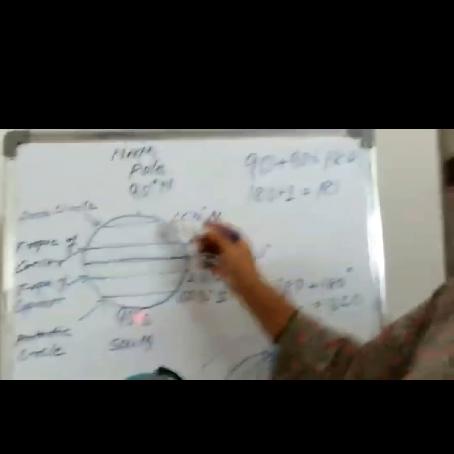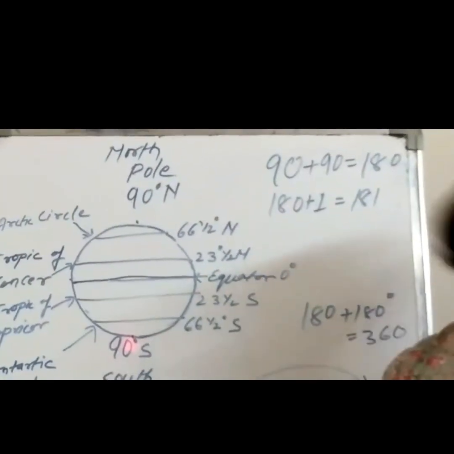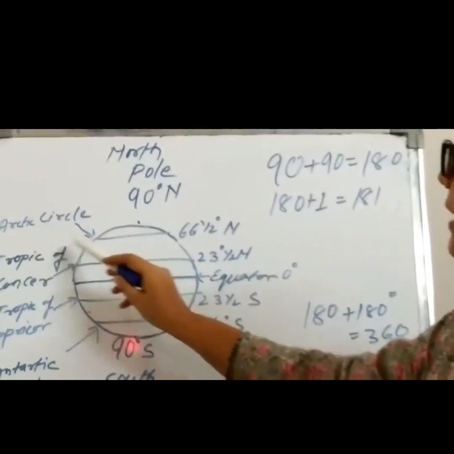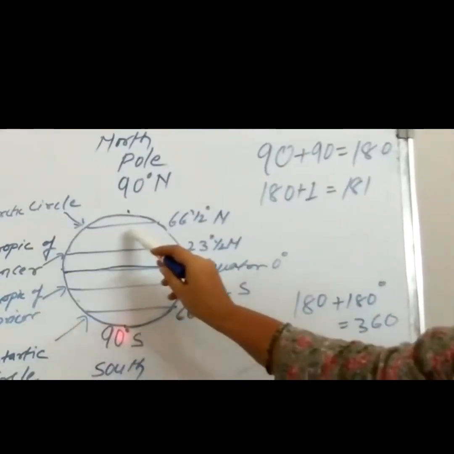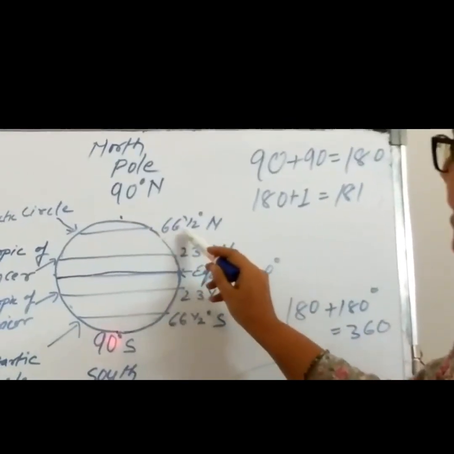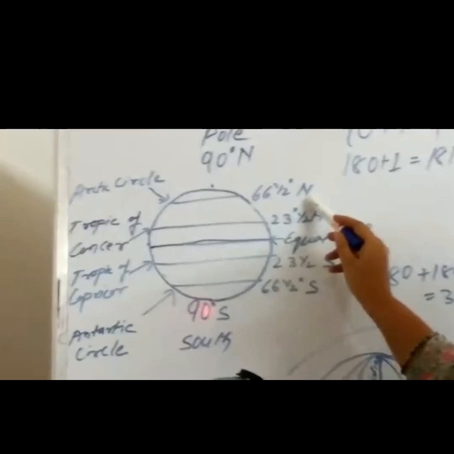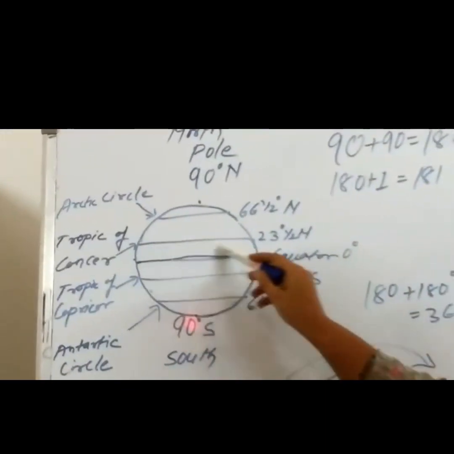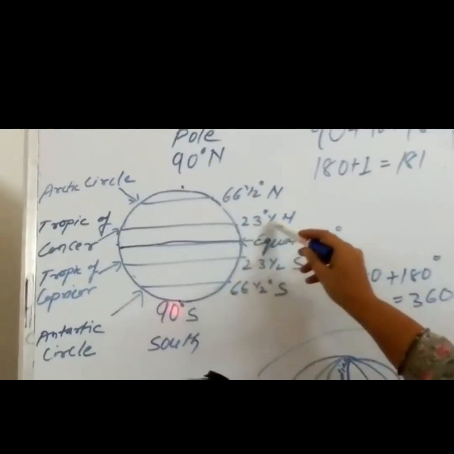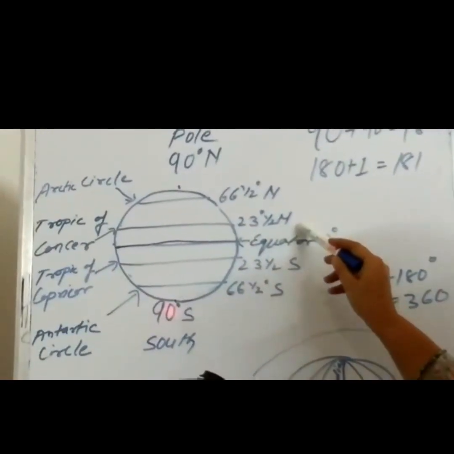Now we have some imaginary lines in our latitudes. The first line is the Arctic Circle, which is 66 and a half degrees in the northern hemisphere. The second important line is the Tropic of Cancer, which is 23 and a half degrees in the northern hemisphere.